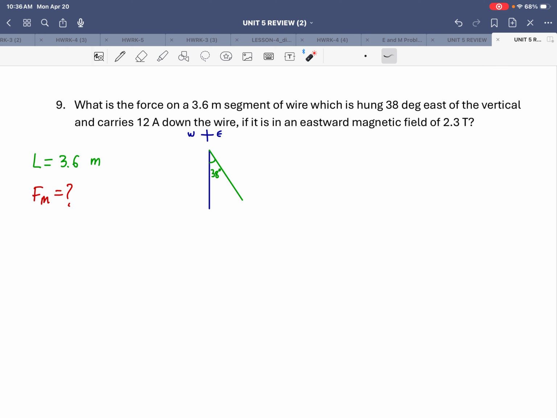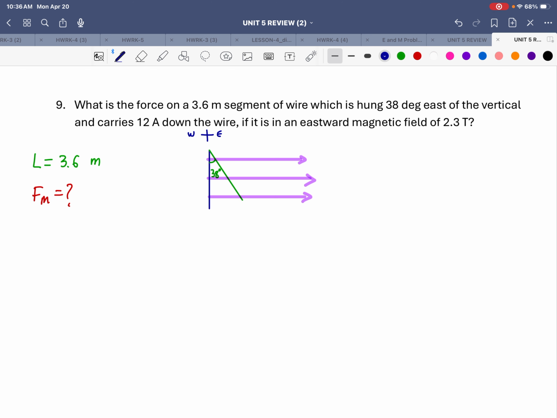Now, this wire is in the magnetic field of 2.3 Tesla, and the magnetic field is heading eastward. So what that means is that I'm just going to draw multiple magnetic field lines in here, and they're all pointing east.